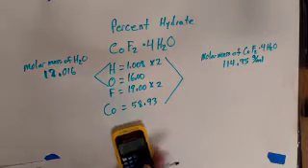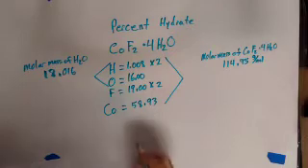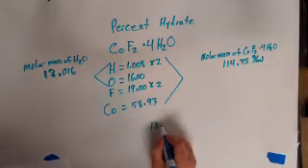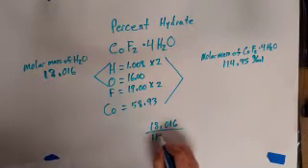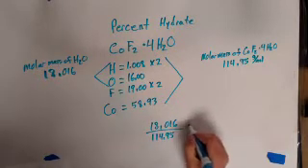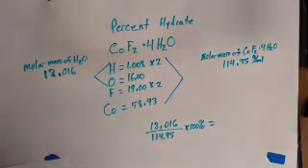All right, now the question is asking us to calculate the percent by mass of H2O in the compound. So what we're going to do, similar to what we did before, is take 18.016 divided by 114.95 times 100% equals.